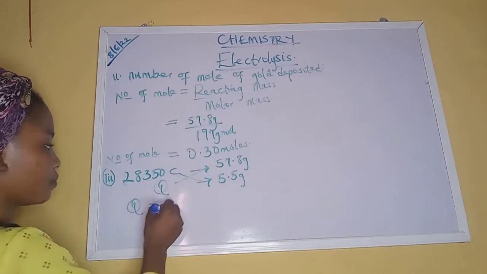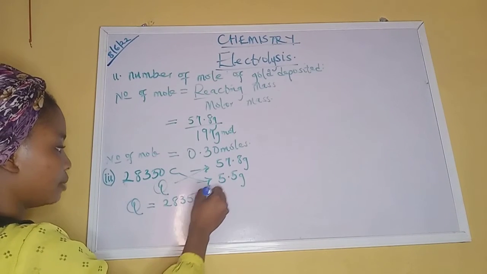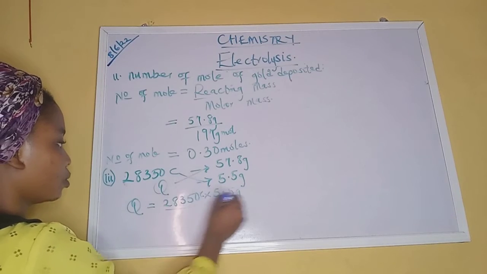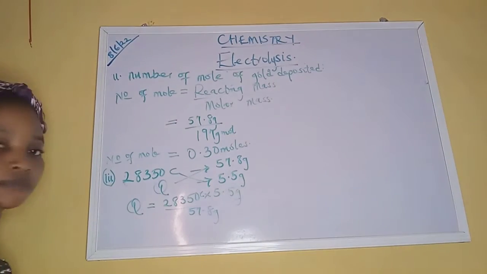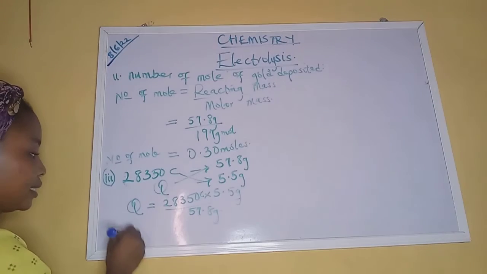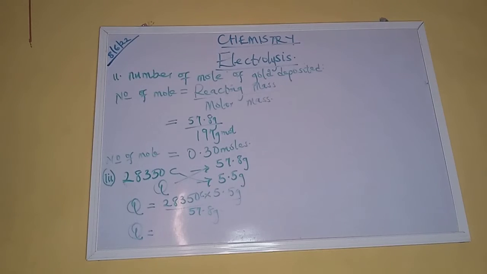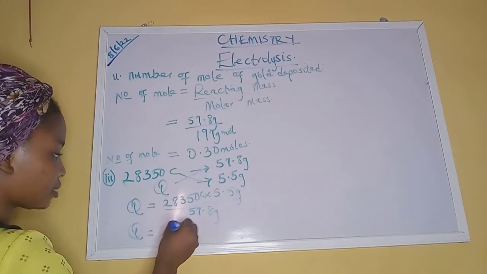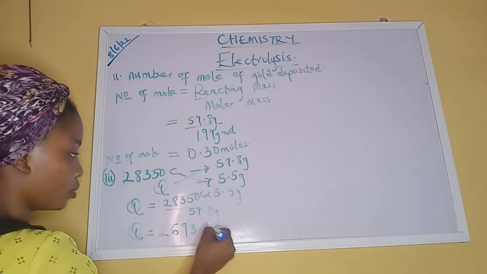Making Q the subject of formula, we have 28,350 times 5.5 grams over 57.8 grams. And by the time we're done dividing, our Q becomes 2693.9 coulombs.